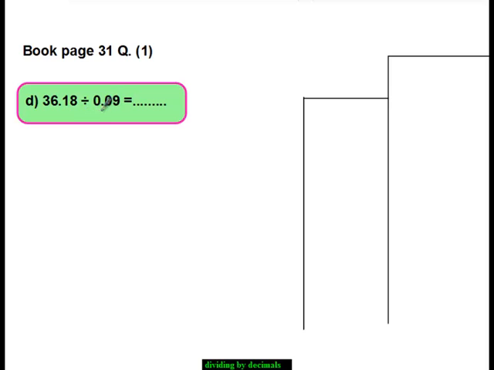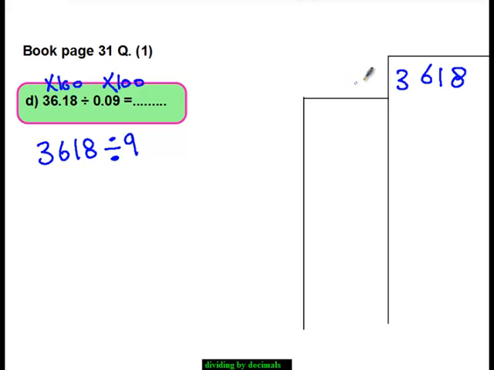Okay, what about this? Look here. This is the divisor. The divisor here has 2 places. So I multiply by 100, and here I'm gonna multiply by 100. So I have 3618 divided by 9. I'm gonna start here. 3618. I have no decimal, and here 1 2 3 4.